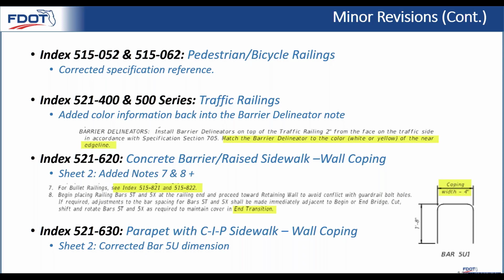And a change was made in the width of the bar 5U1 in index 521-630. Before we said it was variable width, but that bar was a set distance, set space length, and we have changed that to formally account for that variability.